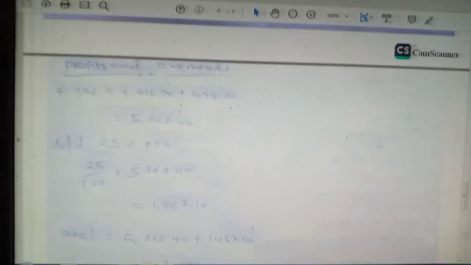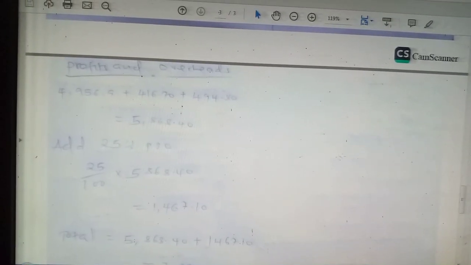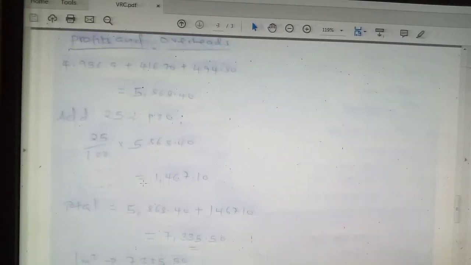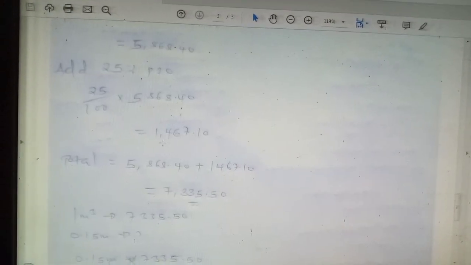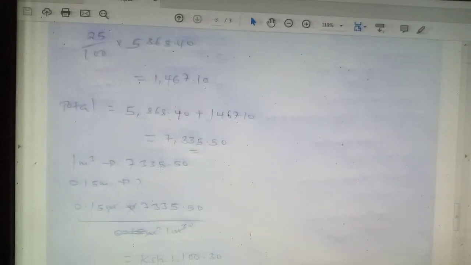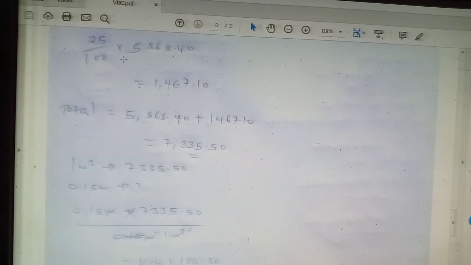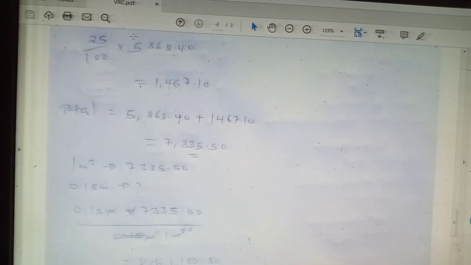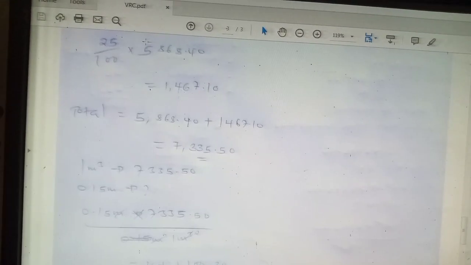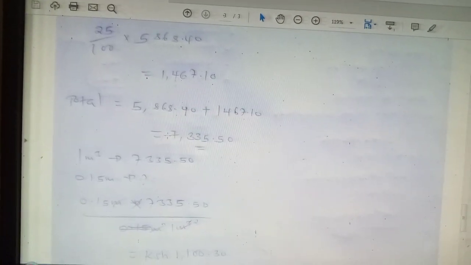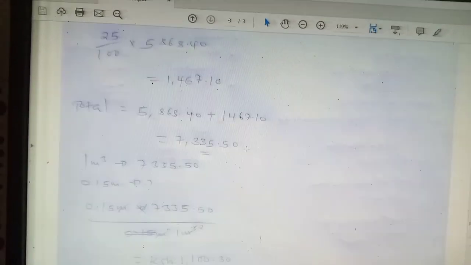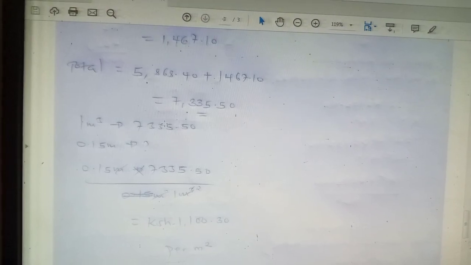So you get the totals of those, then you multiply by 25%, which will be 1,467 and 10 cents. Then you get the totals, which will be the total of the labor, materials and plants added to profits and overheads. You'll get 7,335 and 50 cents. So that is the total of that.